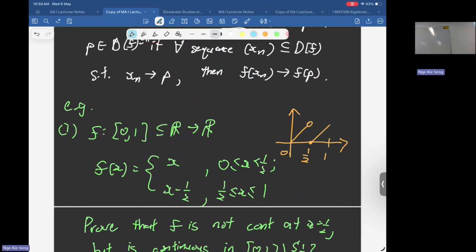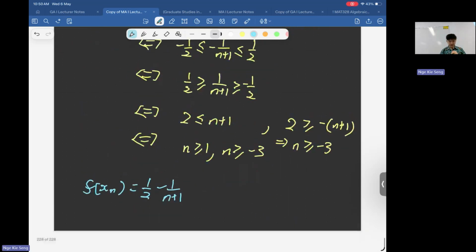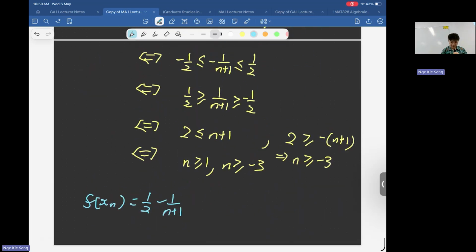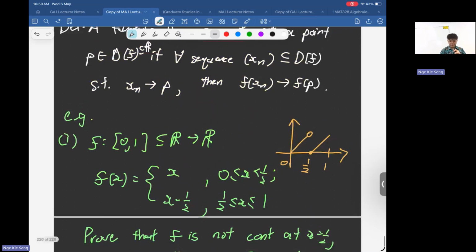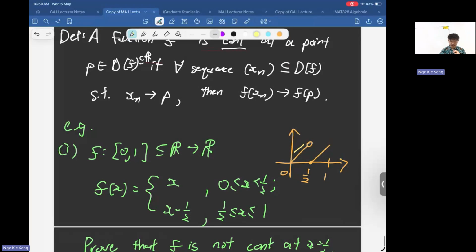So if it is living on the left-hand side of half, I'm just using the first part of this definition. So f of xn is just f of an, I will use an. f of an is just an, which is half minus 1 over n plus 1. But this thing will converge to half. Okay, so actually we are picking this line here basically. We'll converge to this half.